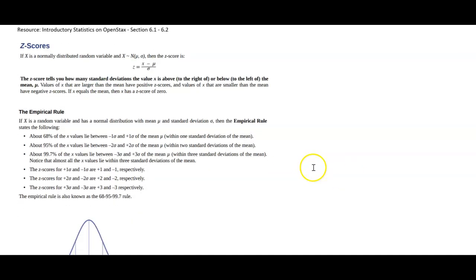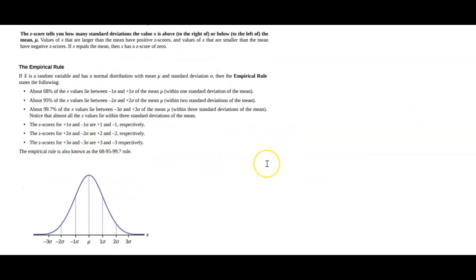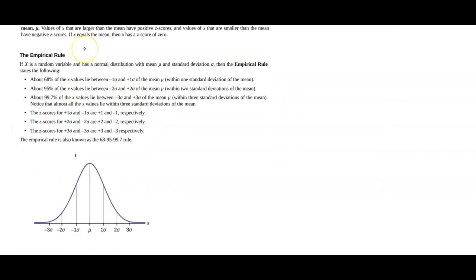Now, the empirical rule tells us proportions or probabilities within a normal model based on standard deviations. So if you are only one standard deviation below or above the mean, then all of the data in your distribution between those two values would be 68%, or about 2/3.